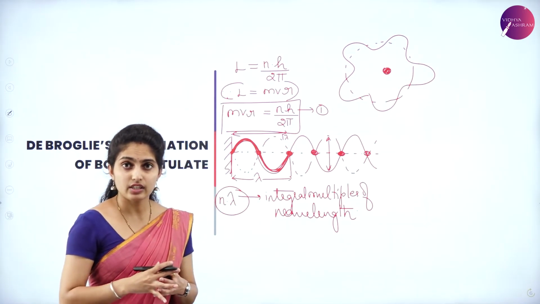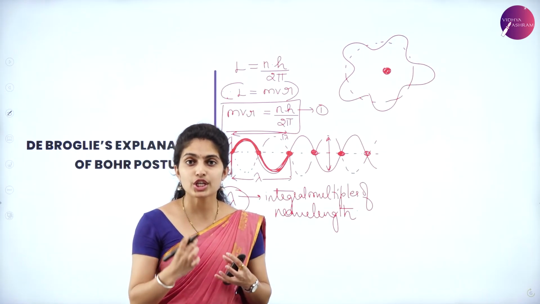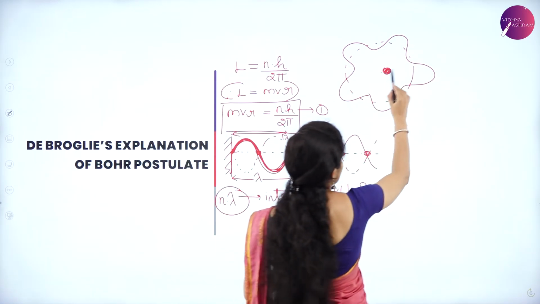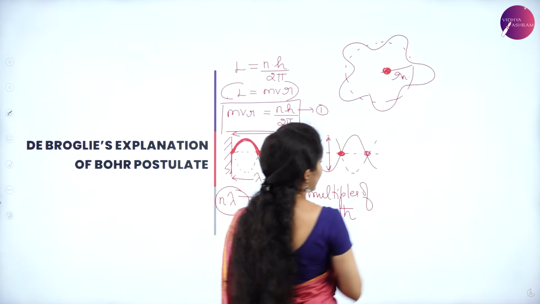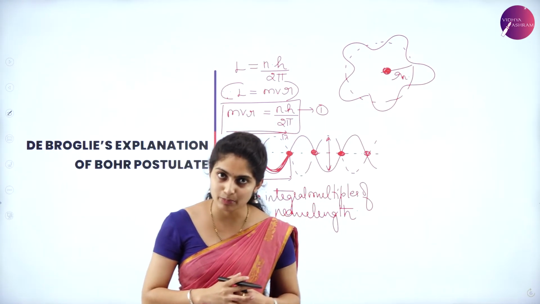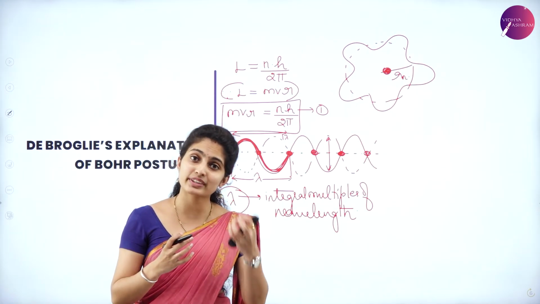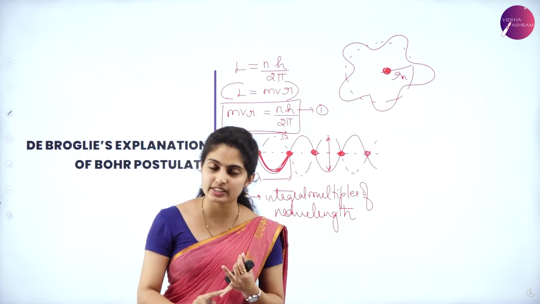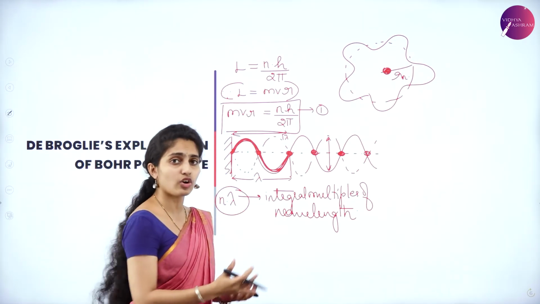Now we consider the electron which is revolving around the nucleus with the radius r subscript n and with the speed v subscript n, that is, we are talking about the nth orbit. So our radius will be for nth orbit, velocity will be for nth orbit, and mass is a constant term.